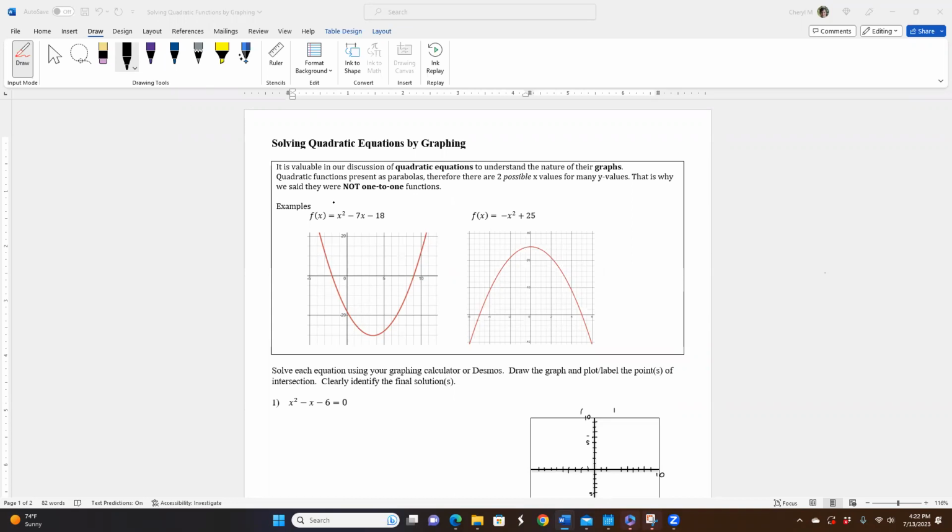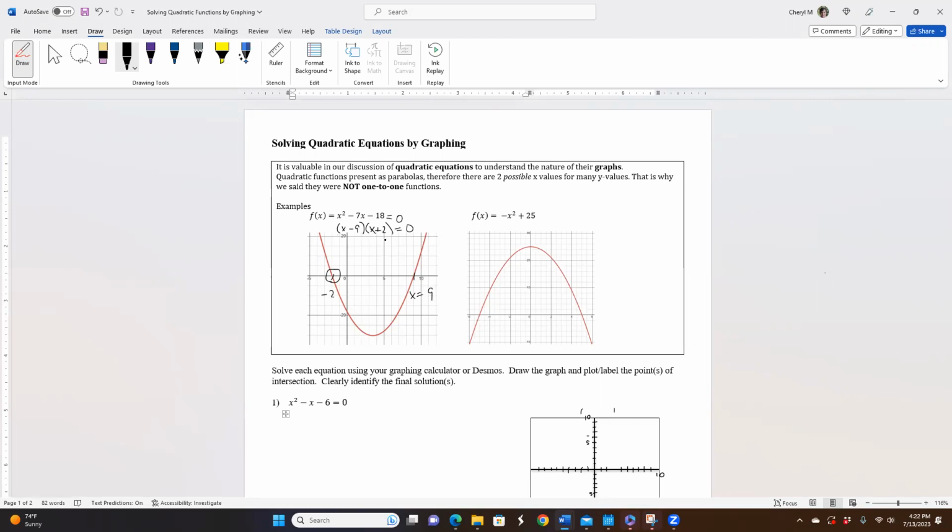Now, if we set this equal to 0, then what that is saying is where is the y value 0? So the y value would be 0 on the x-axis here when x is -2, and here when x is 9. But we notice if we would have solved this by factoring, we'd have x minus 9 times x plus 2 would be how that factored.